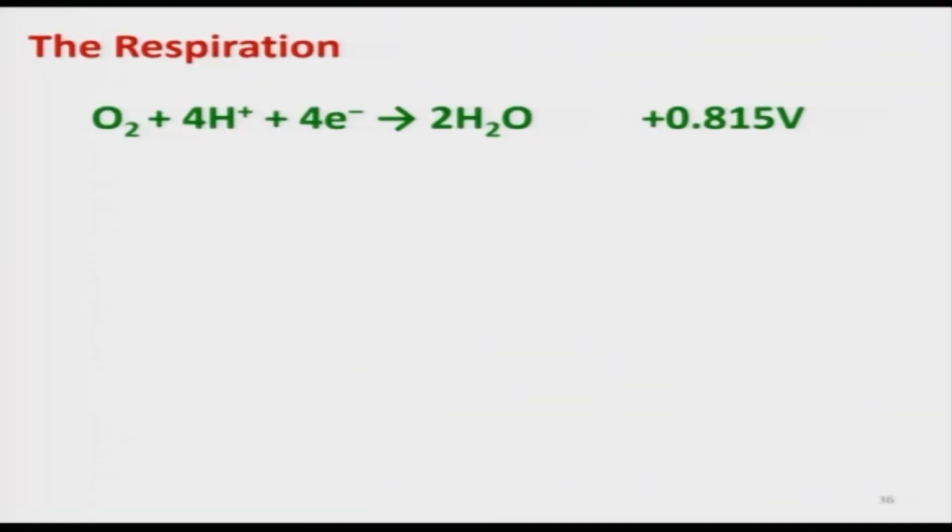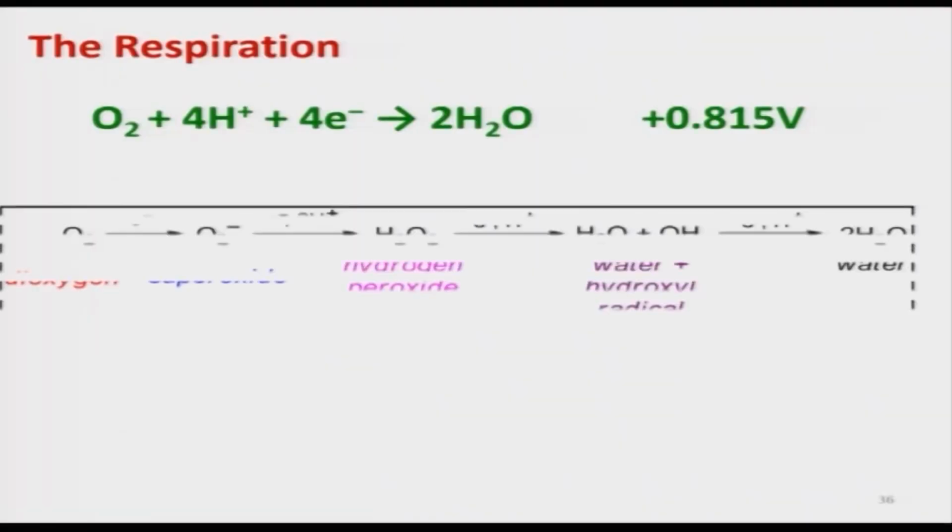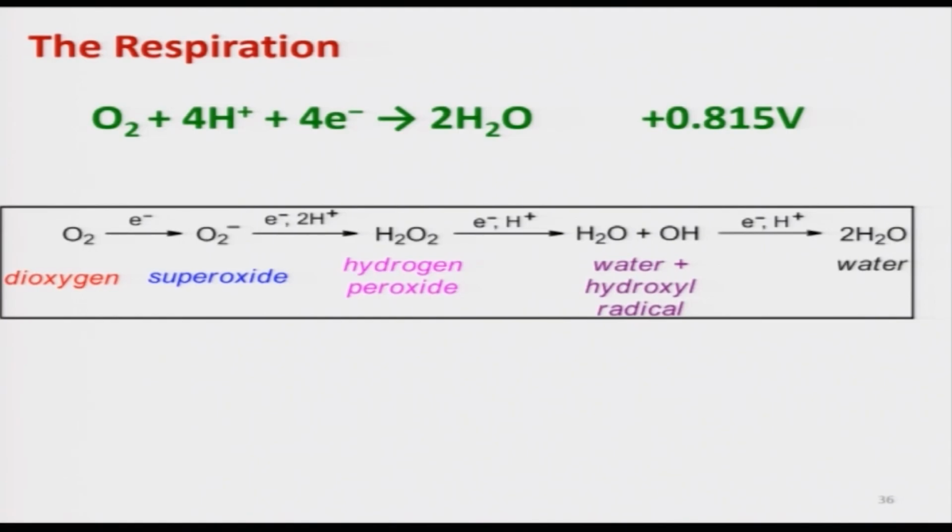As I have said earlier, nature also makes mistakes. If this dioxygen is reduced even partially, then it generates lots of intermediates. Those intermediates are harmful. For example, after 1 electron reduction, O2 converts to O2 minus, superoxide.